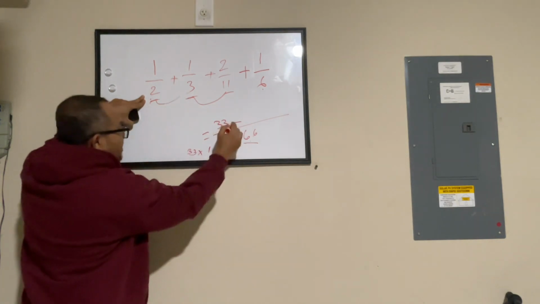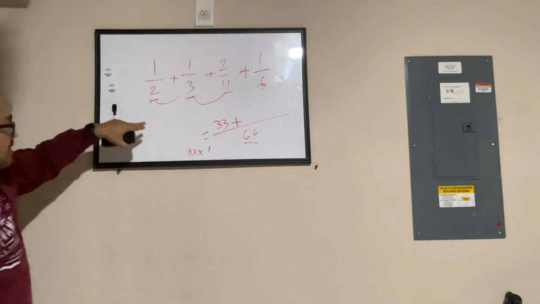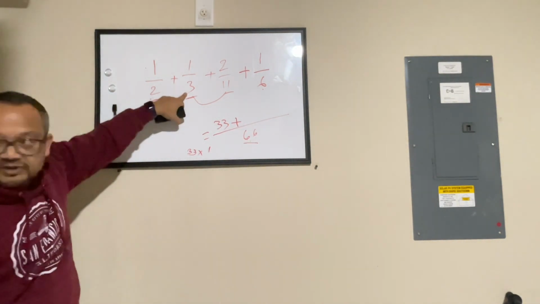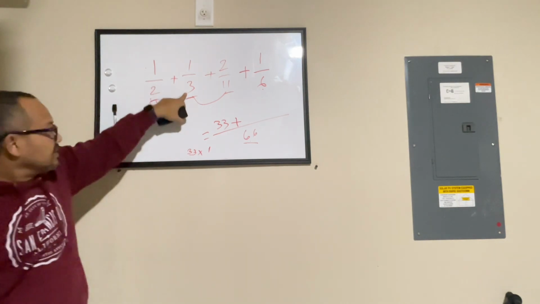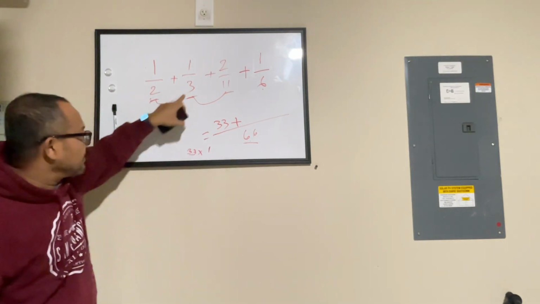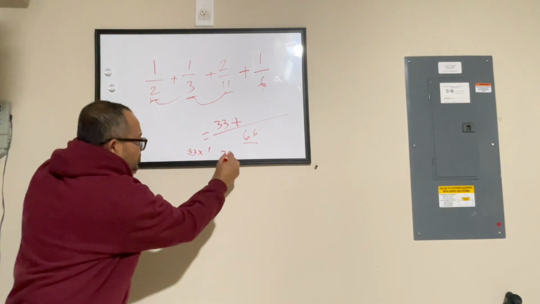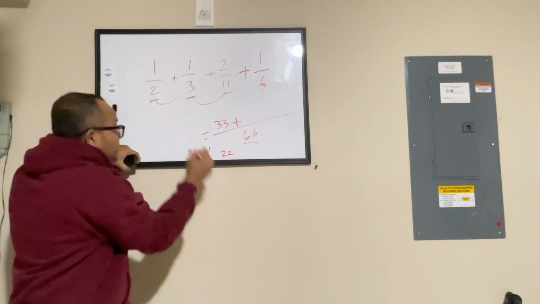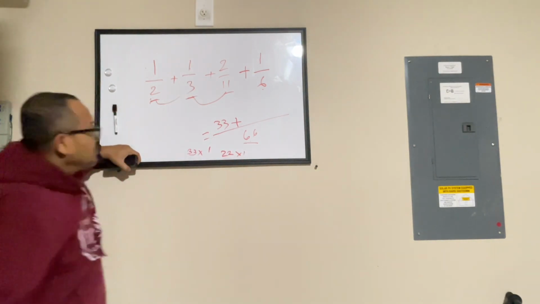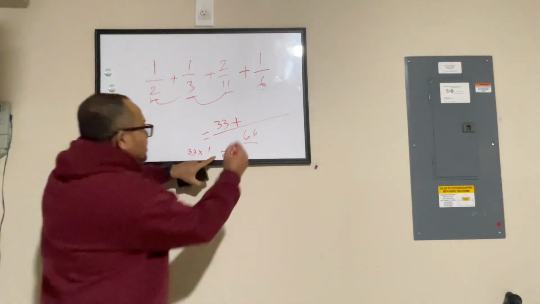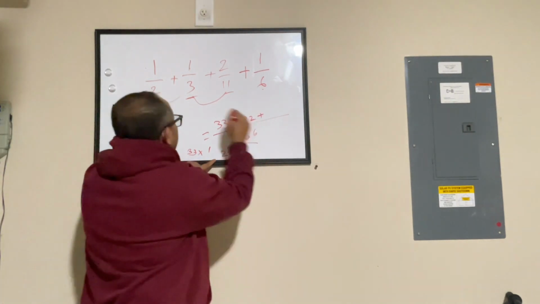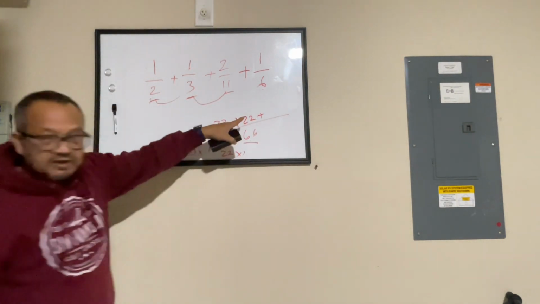Then whatever is the sign, plus, put a plus. Then same thing you do with 3 also. 66 divided by 3 is 22. And then what is the numerator? I have 1 as numerator. So this is 22. Then there is a plus sign again, I'll put a plus.